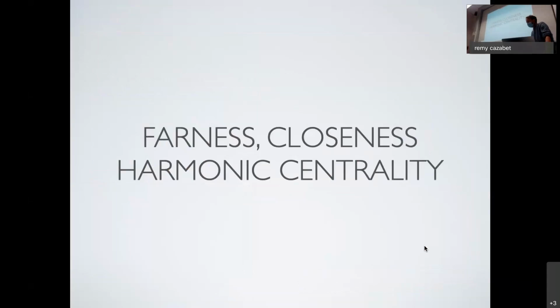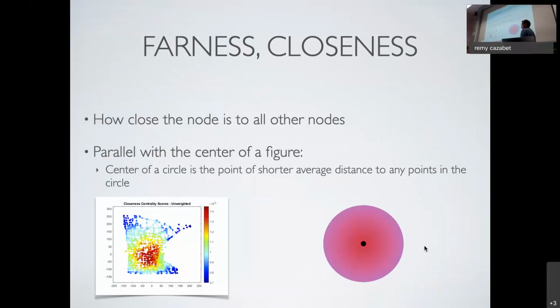Okay. So these were already familiar, and now I will introduce some new ideas, which are fairness, closeness, and harmonic centrality. The 3 of them are quite related. So the first ones, fairness and closeness, basically measure how close the node is to all other nodes. It's the same idea as the center of a circle, right?